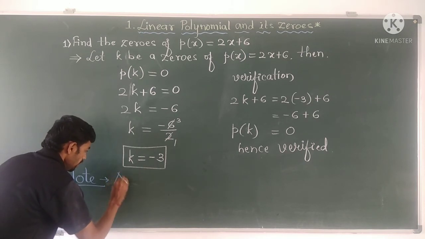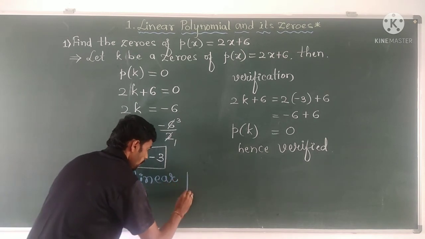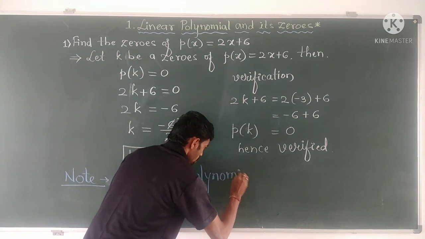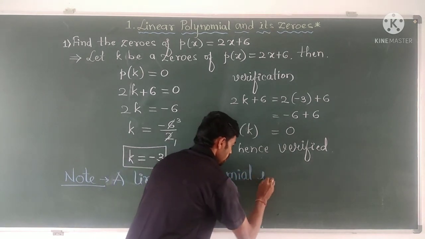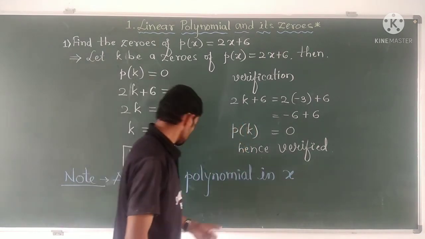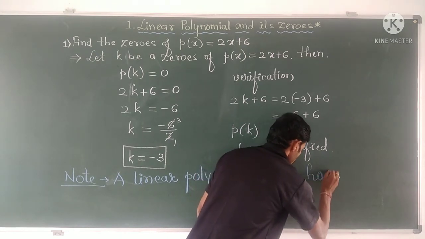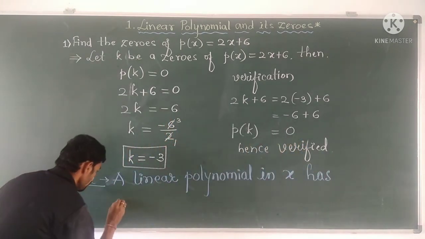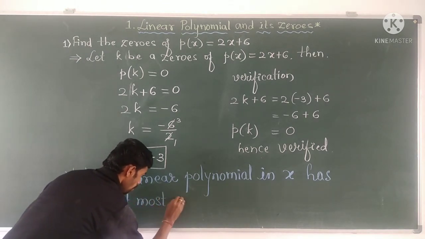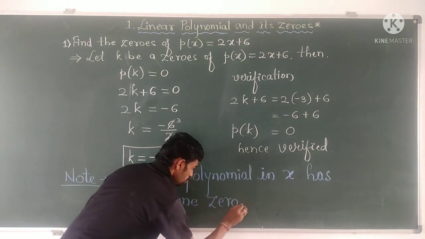A linear polynomial in x, that is p of x, has at most 1 zero.